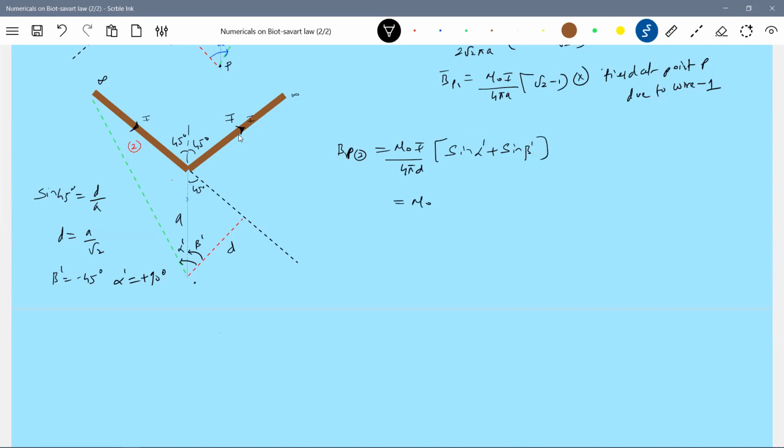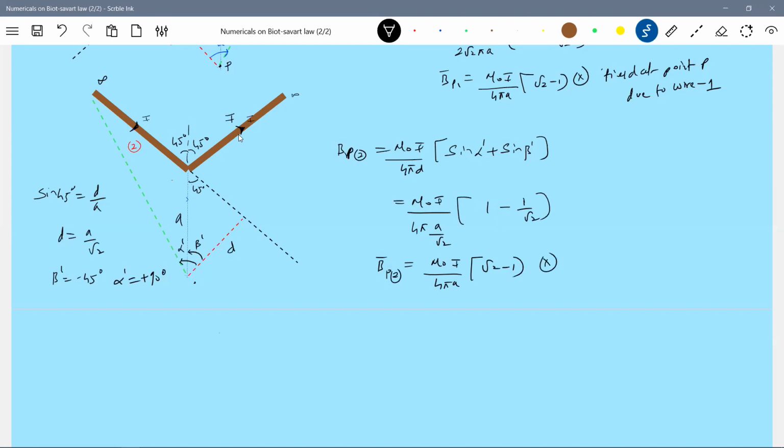So mu naught I by 4 pi, A by root 2, sine alpha is sine 90 degrees, that is 1, minus 1 by root 2. What about the direction? It will be into the plane.